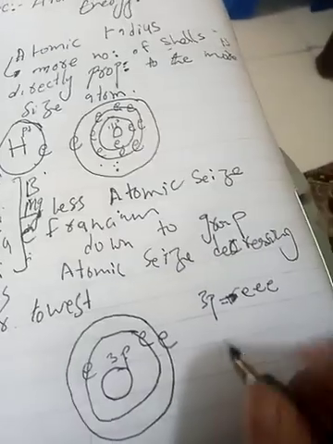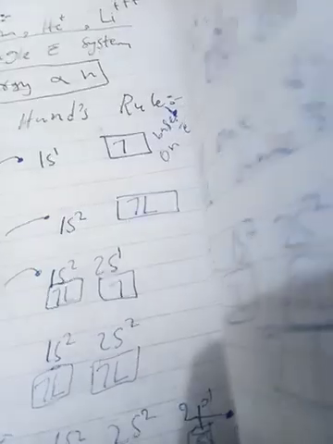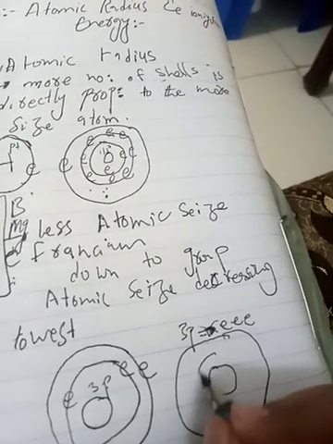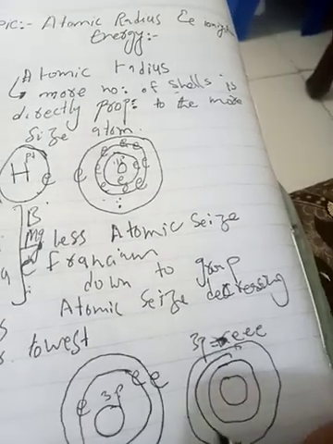And if we compare lithium with magnesium, for example, we have this orbit of magnesium. This is the nucleus, this is the duplet, and this is the L shell.